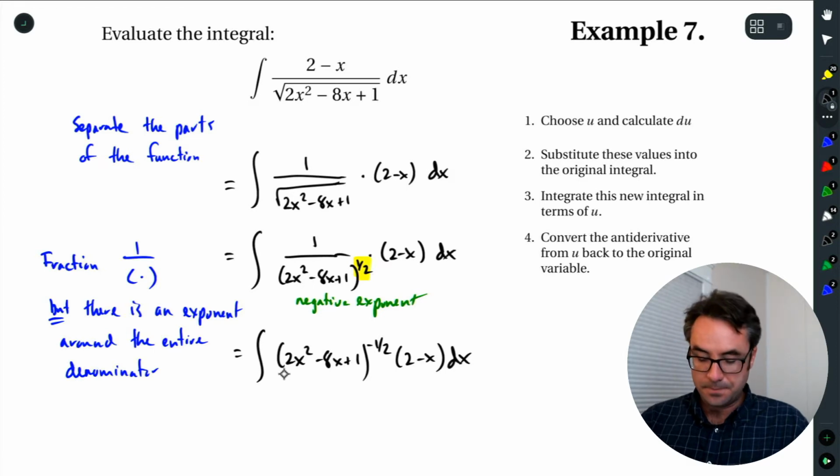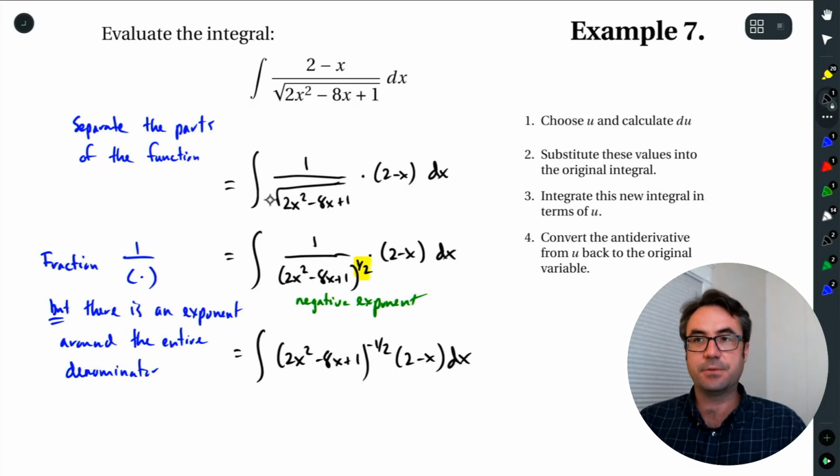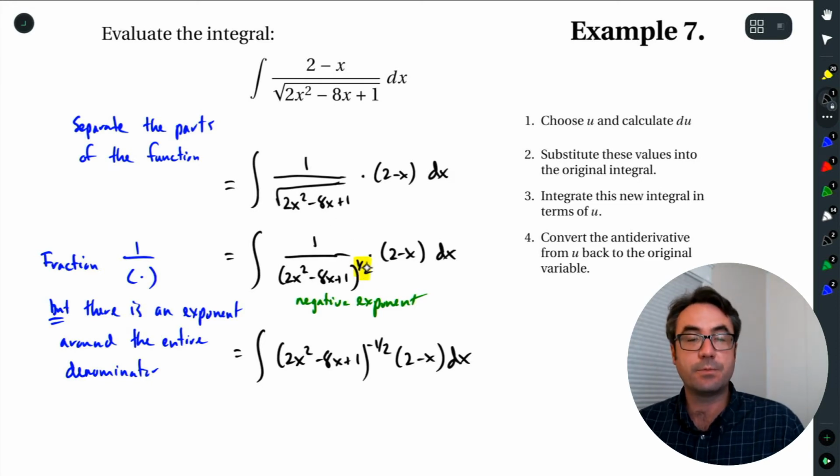All right, so we've done a couple things here. When we saw a square root sign, we rewrote it with a fractional power, raised to the power 1/2. And then when we see this fraction, we made the exponent negative to get rid of the fraction.